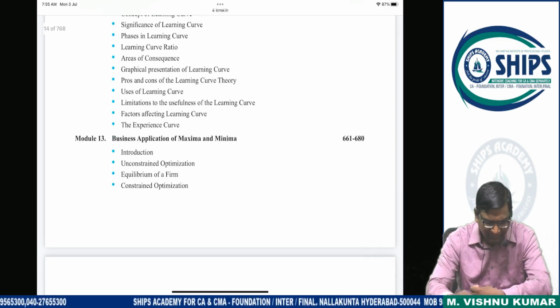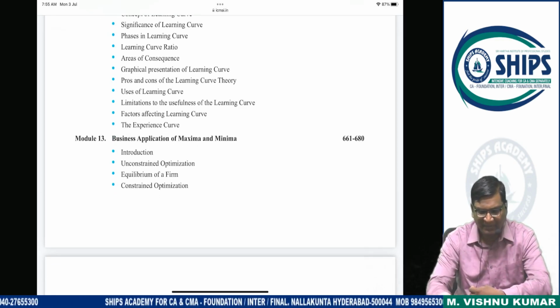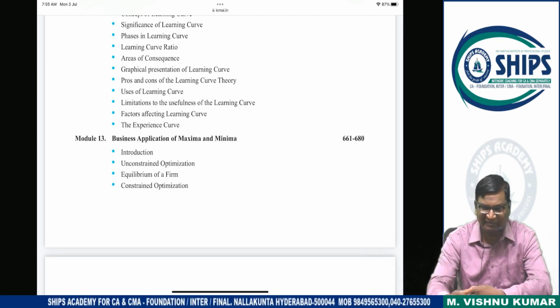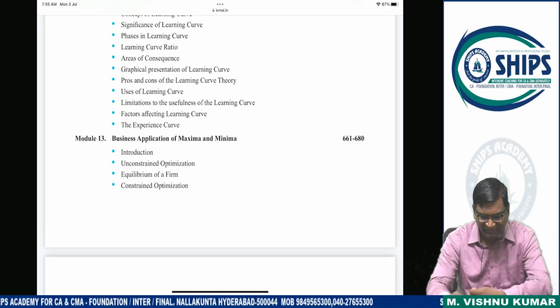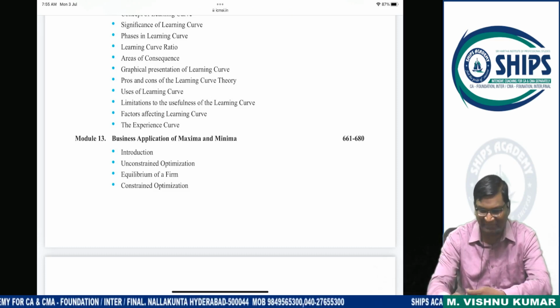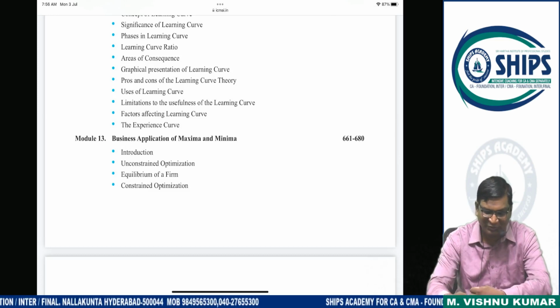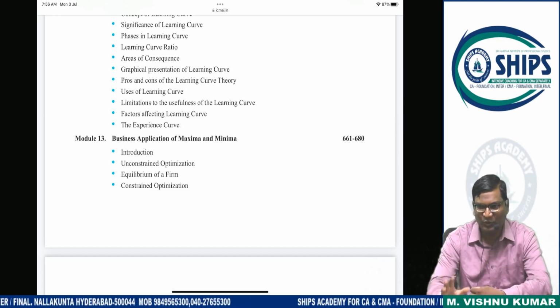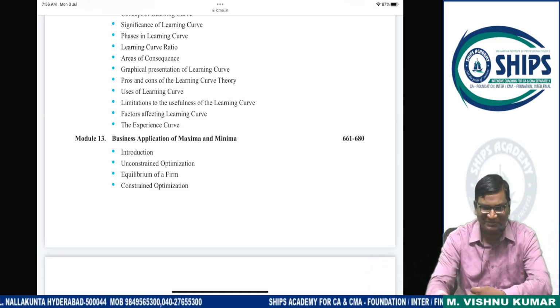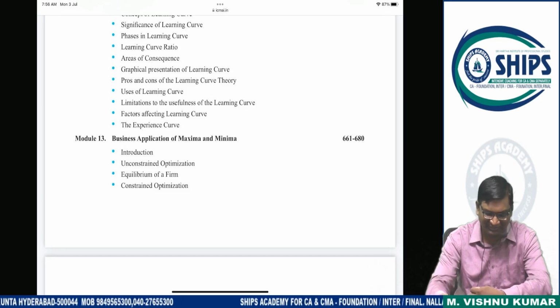Okay. Next, maxima minima. Maxima minima means it is your calculus, derivatives. Previously this was there in the SPM paper. This is not a new syllabus. Old only, only the bottle has changed.